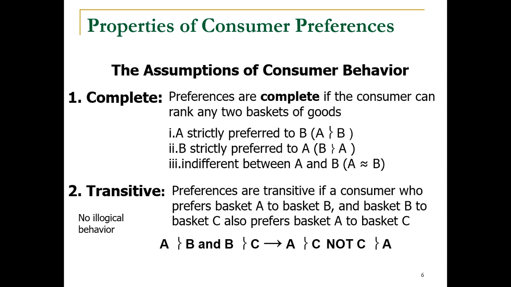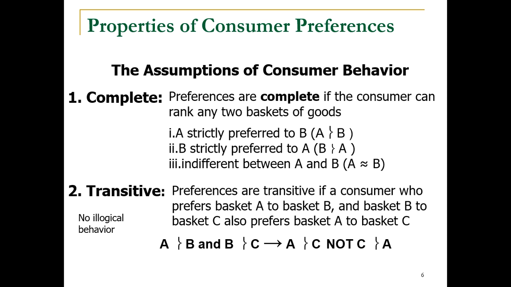So when you say preferences are complete, it means that given, let's say, two choices, choice A and choice B, a consumer is going to tell us, well, I prefer A to B, or I prefer B to A, or I love both A and B. We've defined a bundle as a collection of various goods and services, a basket containing various goods and services, right?